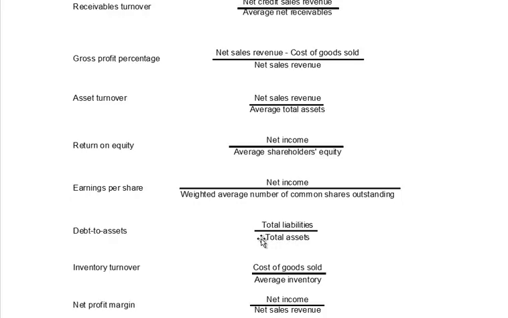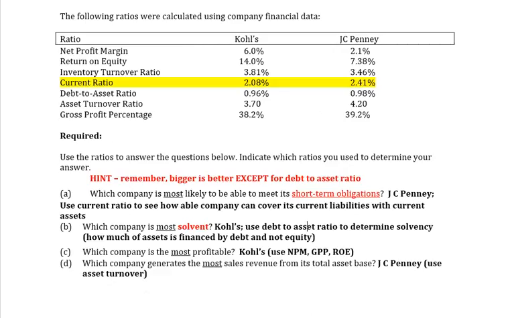So the one that has the most assets and the least liabilities, because that's where the ratio will be the smallest. Well, they gave us the ratio. We didn't need to calculate it. So the one with the smallest debt to assets is Kohl's. So Kohl's would be the one that would be in the longer term the most solvent company.